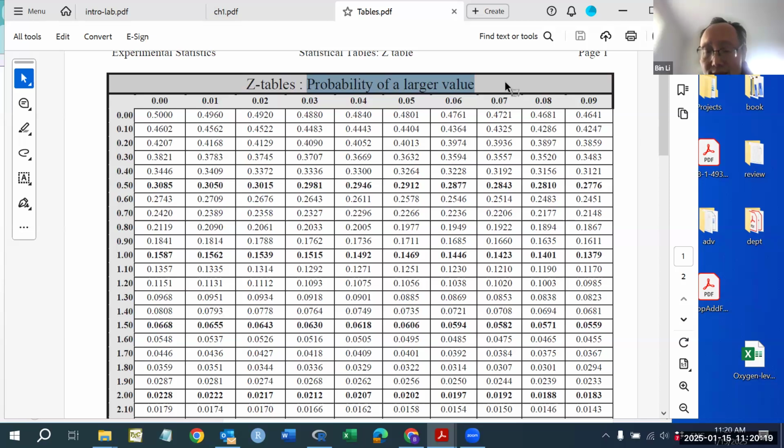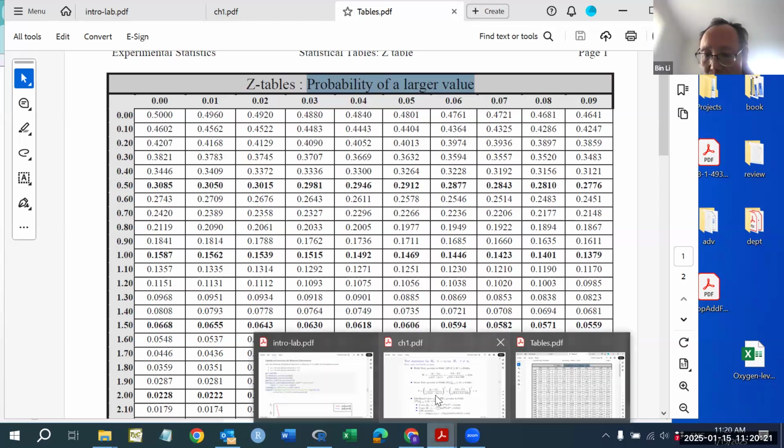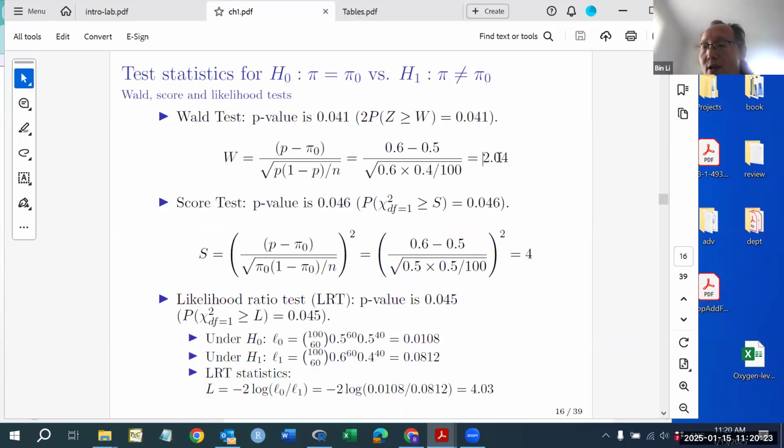So let's say we have 2.04. What is the p-value? The test is two-sided because the alternative is two-sided, right? So the p-value is 2 times the probability that Z is greater than or equal to 2.04.